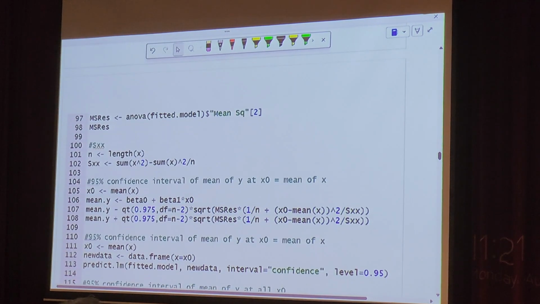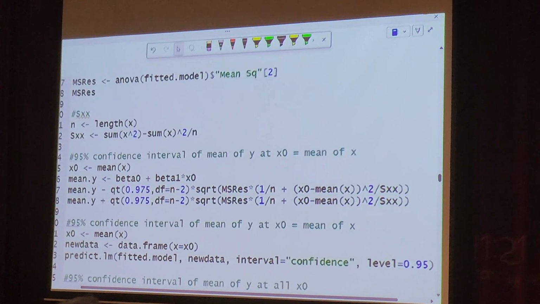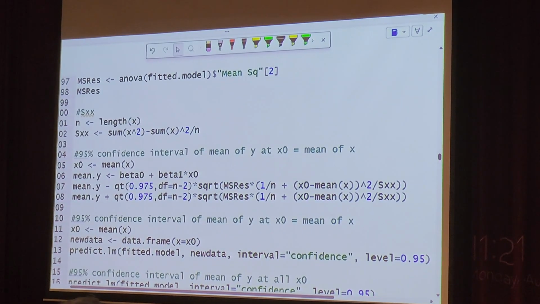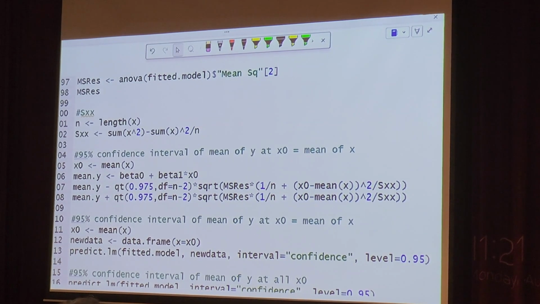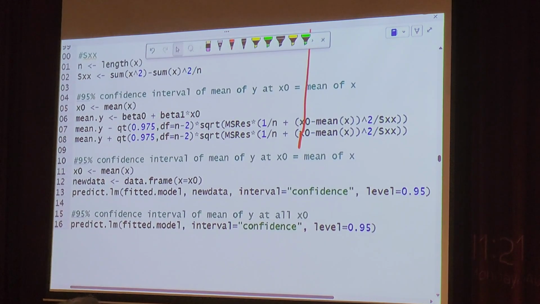Now this course is partly application, partly theory. You need to know how to do all this, so that when you go out to work next time, you can fit a line and do prediction. Here I've done it two ways. I have done it using all the formulas that I've shown you, or I can use this function directly.